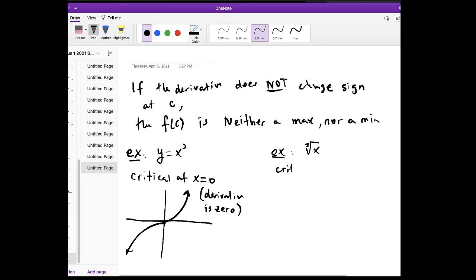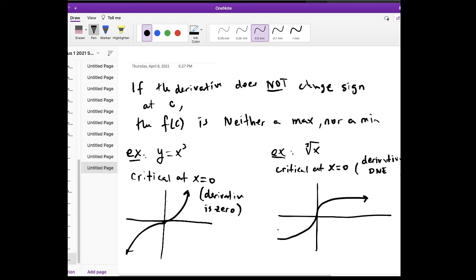It's also critical at 0, where the derivative is undefined. And it was still neither a max nor a min. Okay. So you have to check both sides to determine if it's a max or a min, not just one side. Okay, questions?